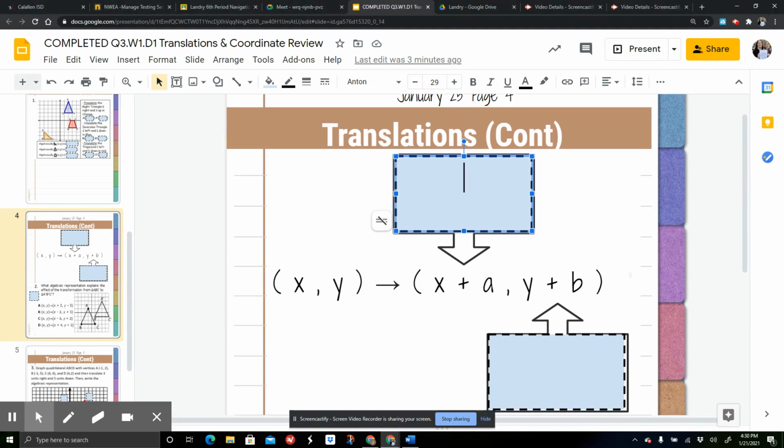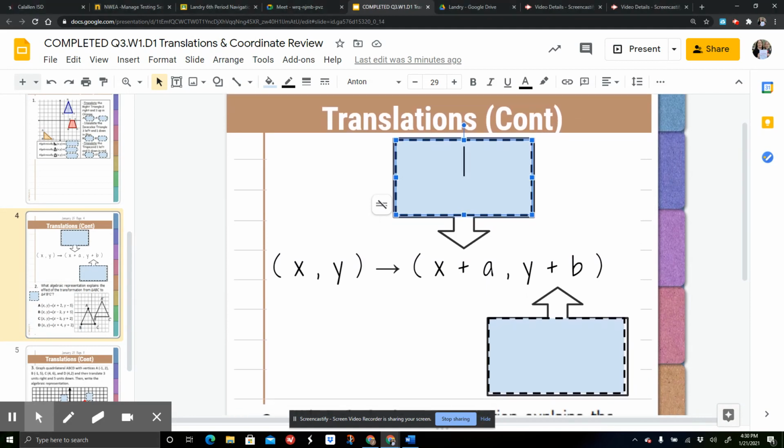Page 4, this is a graphic to help you keep it straight in your mind, which direction is which. So when you're looking at x plus a, you're going to pay attention to the direction. If the shape is moving to the right, you are going to add because the number is getting bigger.